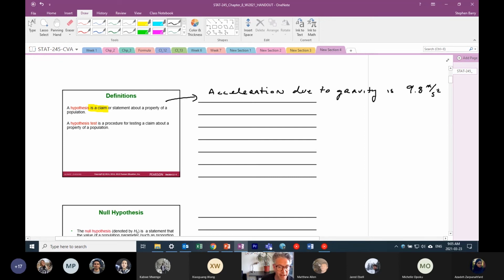Now we just take this as truth, right? Because we've been told this since we were young, since your first physics course. And why do we believe it?